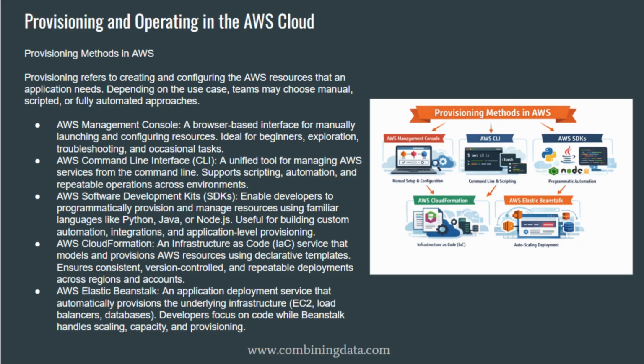2. AWS Command Line Interface, CLI. The AWS CLI allows you to manage AWS services using commands from a terminal or script. Instead of clicking, you type commands. This makes provisioning faster, scriptable, and repeatable compared to the console.